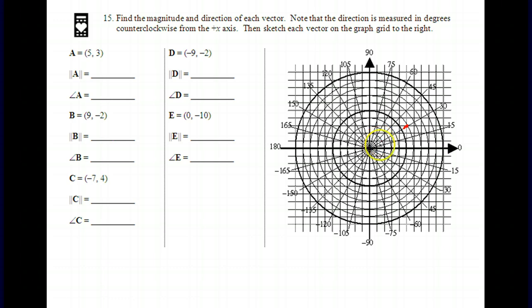Now we've got to then calculate the length of this vector. How far away did this resultant vector end? Okay. So how would we figure that out? How do we do the length of a resultant vector?